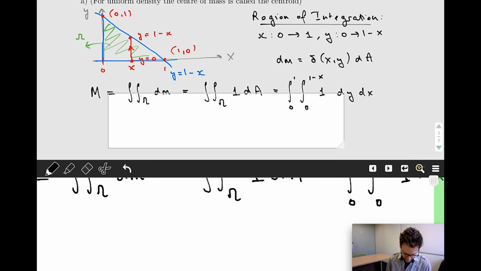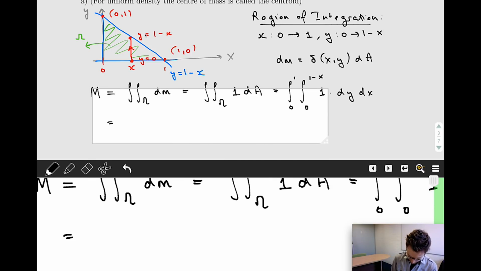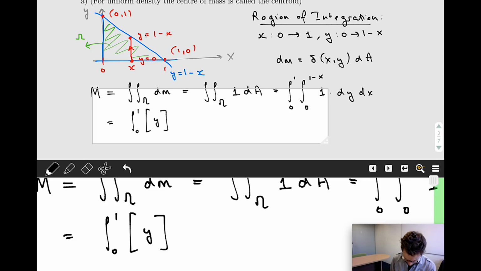And we can straightforwardly calculate this. So we're going to get the integral from 0 to 1 of y from y is equal to 0 to y is equal to 1 minus x.